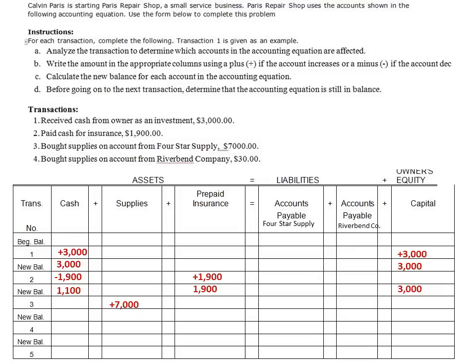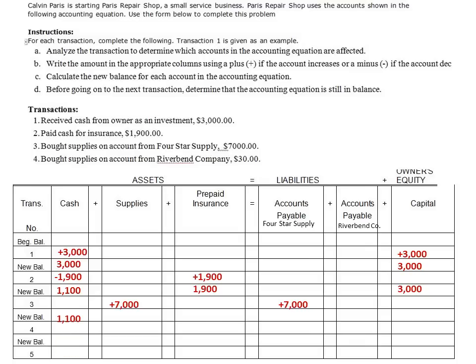Now, I told you on account means it's going to be accounts payable because Calvin owes 4-Star Supply $7,000 that he bought. Basically, Calvin called up 4-Star Supply and said, I need $7,000 worth of red staplers. 4-Star Supply says, we'll ship them right over and we'll put the invoice in there and you pay it within 30 days. That's what an accounts payable transaction is. Don't owe Riverbend any money yet, and our capital stayed the same.